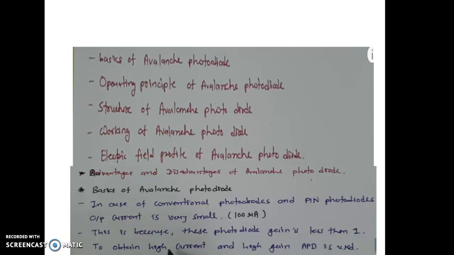In case of conventional photodiodes and PIN photodiodes, output current is very small, under 100 microamps. This is because these photodiodes' gain is less than 1. To obtain high current, high gain, we use avalanche photodiode.